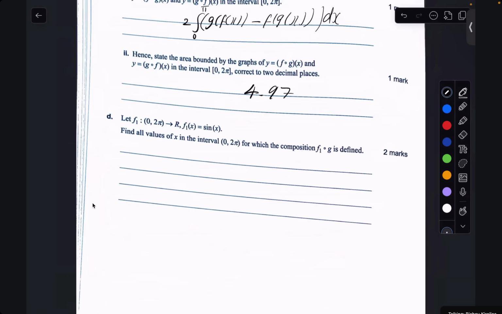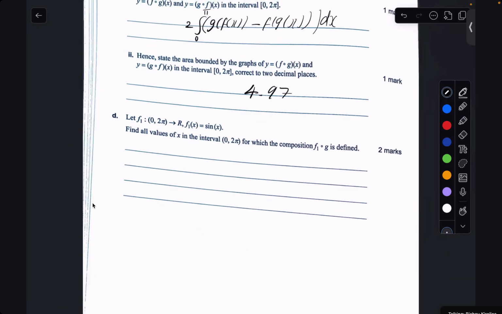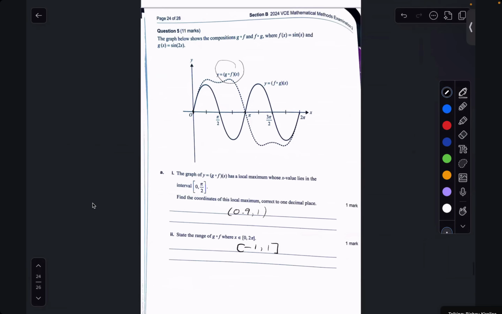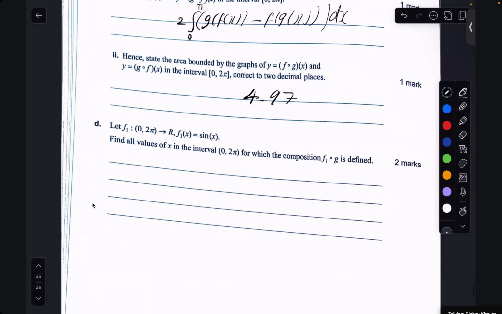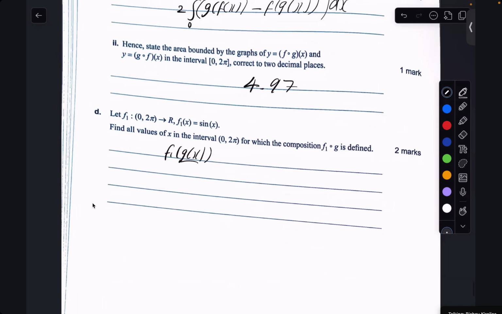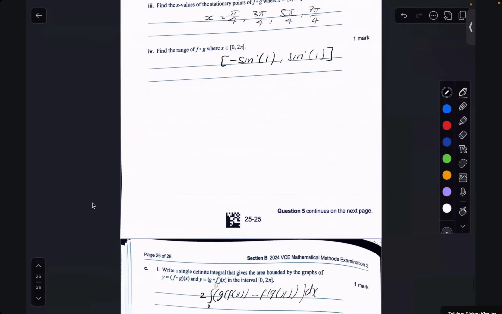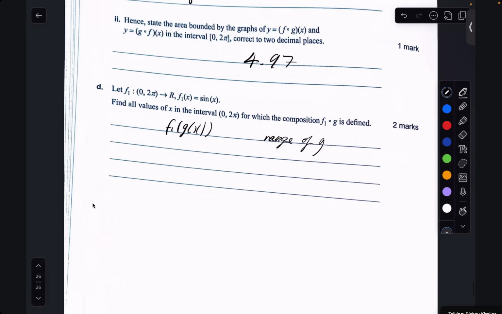Let f, so you're not including the endpoints now for 0 to 2 pi. So f stays the same, but you've just limited the domain to 0 to 2 pi instead of all real values. Find all values of x in the interval 0 to 2 pi for which the composition f inverse of g of x is defined. So the range of the inside, the range of g, what's that now? g is sine 2x, so that's negative 1 to 1, right?